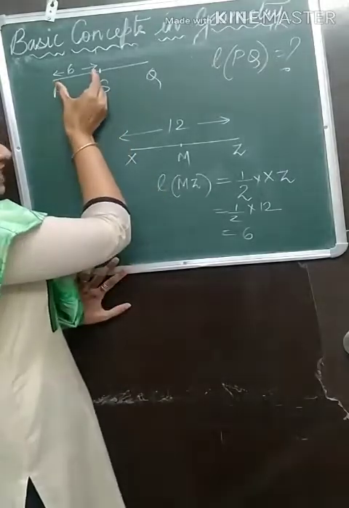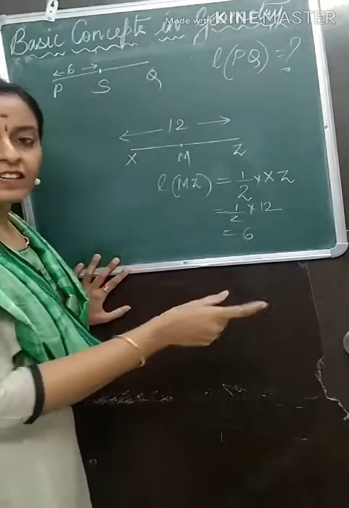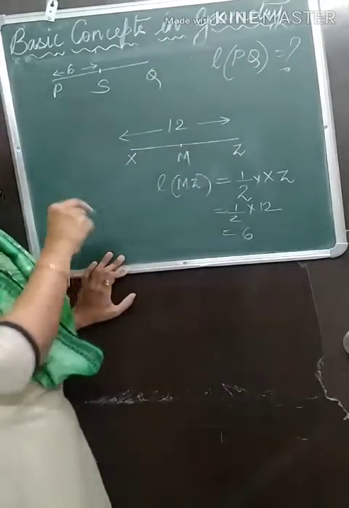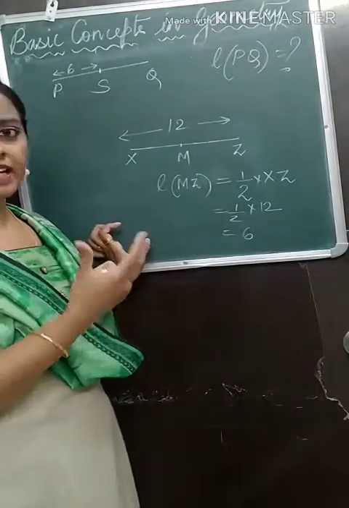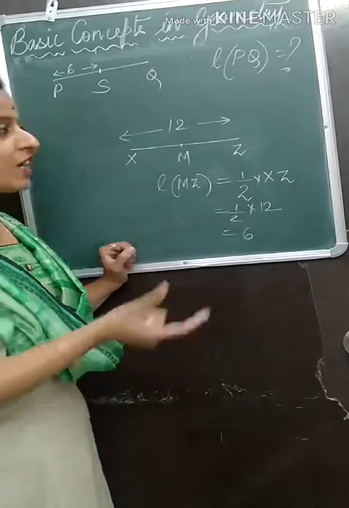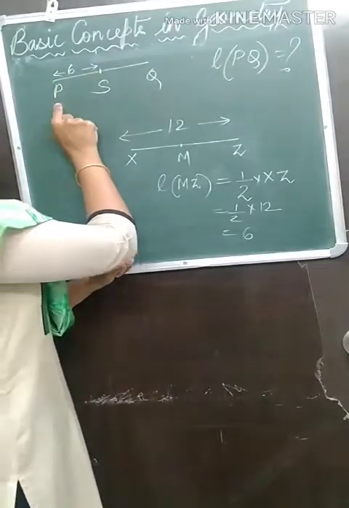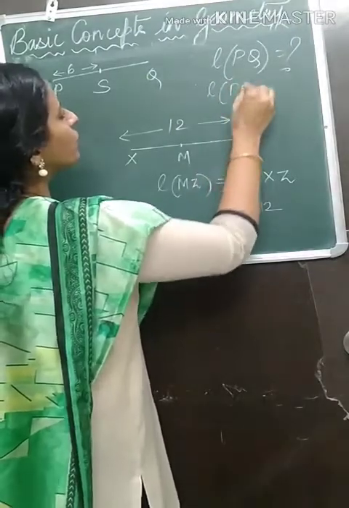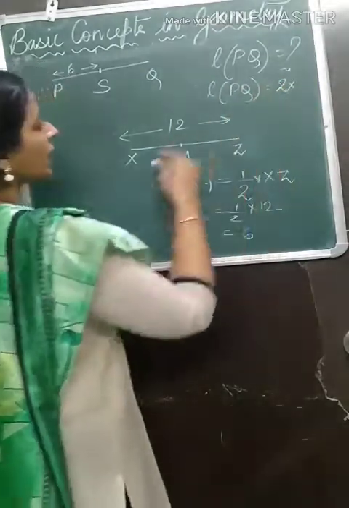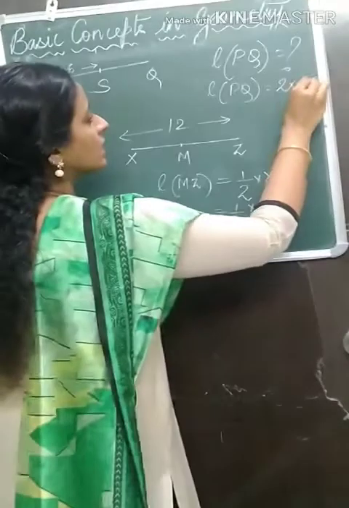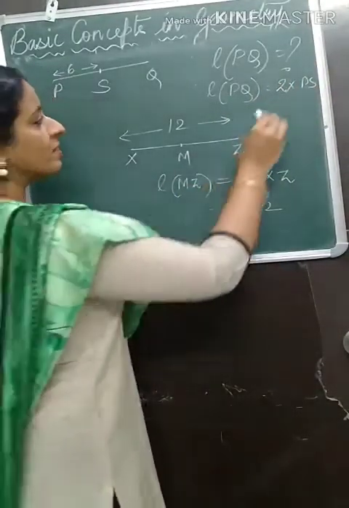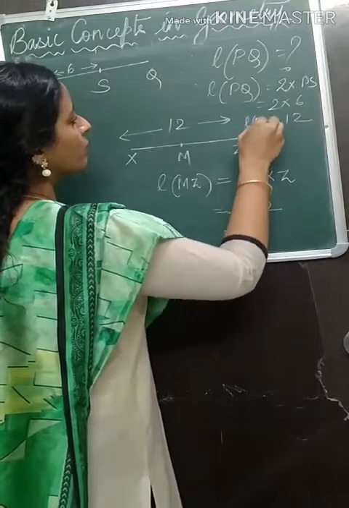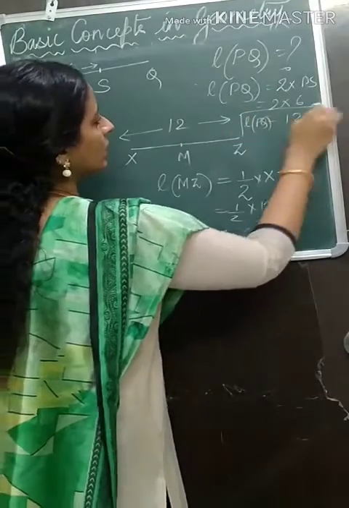Only half part is given. You want full, you will multiply by 2. Full part is given, you want half, you will multiply by half. So here half part is given and you want the whole segment. So you will write, therefore, length of PQ is equal to 2 times length of PS, which is equal to 2 into 6. You got length of PQ as 12.